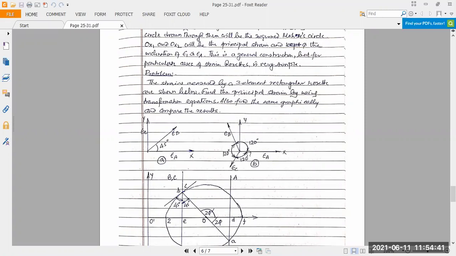So it is forming a part of a triangle itself, but you cannot use epsilon B as epsilon Y, and you cannot give epsilon C as epsilon Y. Only epsilon A can be epsilon X itself. So along these directions we will have two parameters: one is epsilon Y, another is gamma XY, where we are given strains along the A axis, B axis, and C axis itself.